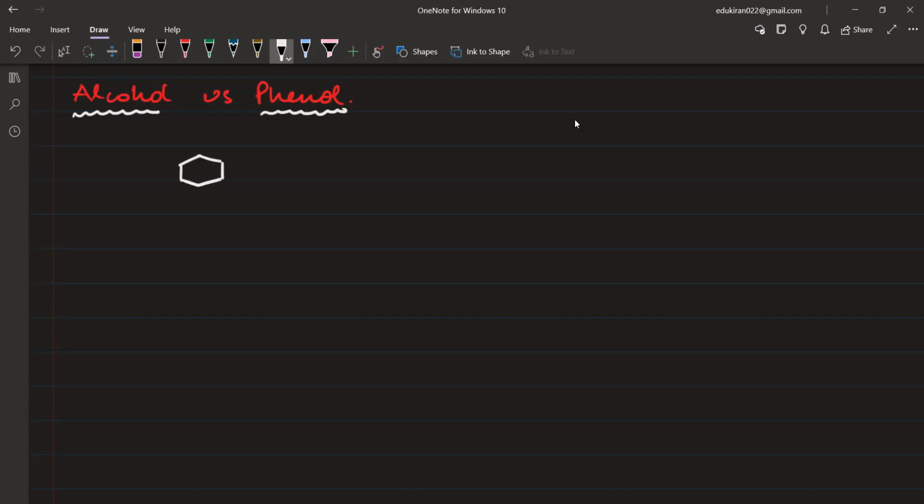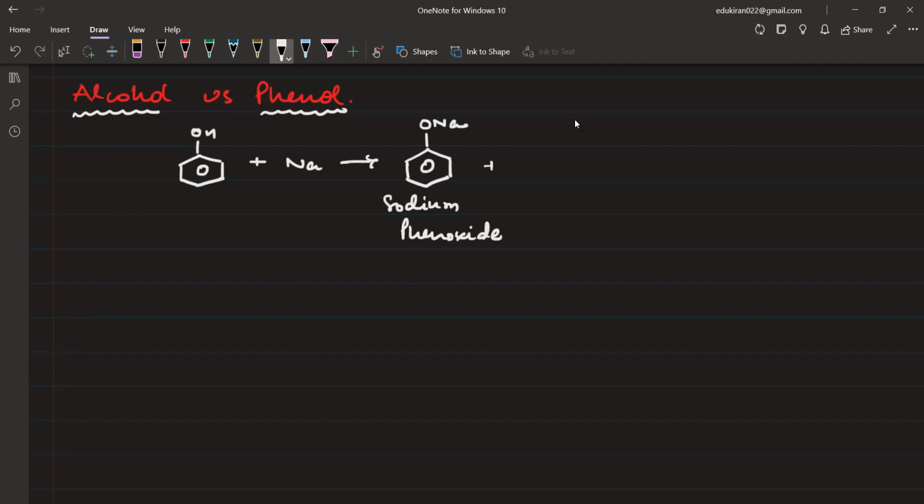Look at a reaction of phenol. O negative, Na positive. ठीक है? But we don't write positive and negative. We write ONa directly. This is what? Sodium phenoxide. Plus, it is going to give you H2 gas. Okay? Very similar type of reaction.